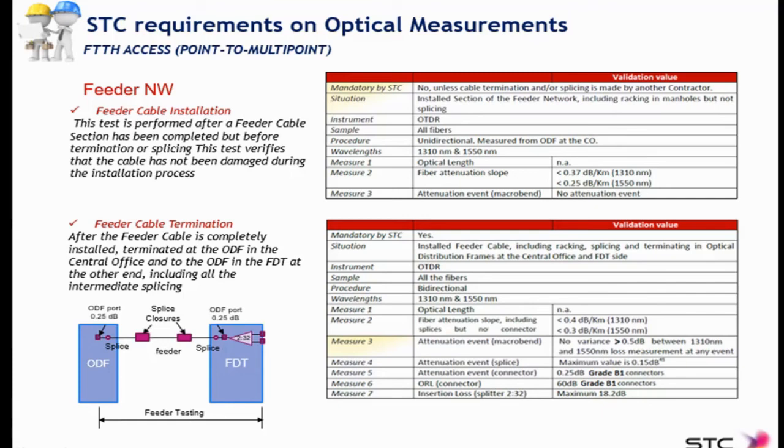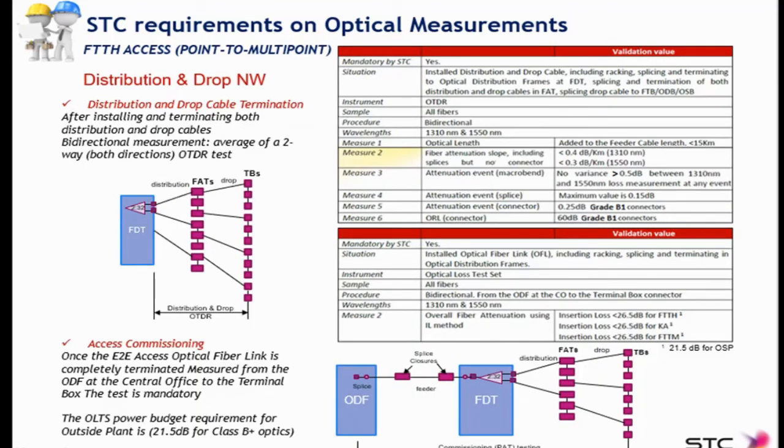On the distribution and drop side of the FTTH network, between the distribution ODF in the FDT and the ports in OSBs, ODBs, or TVs, we have two types of measurements. The distribution and drop cable termination, performed after installing and terminating all cables on connectors, is a bidirectional OTDR test on all fibers performed at 1310 and 1550.